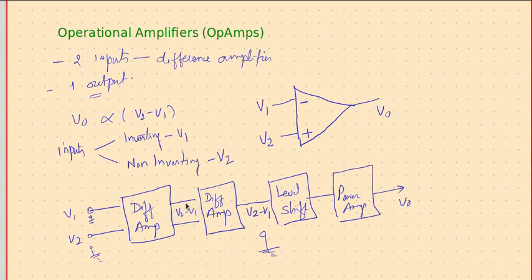And the second one has got two inputs, so dual input, but only one output, so it is a dual input unbalanced output differential amplifier. Then whatever DC levels we have, we adjust it to whatever is required for our power amplifier. So level shifting is done, and then power amplification to increase the power to the required level, and finally the output is made available here.